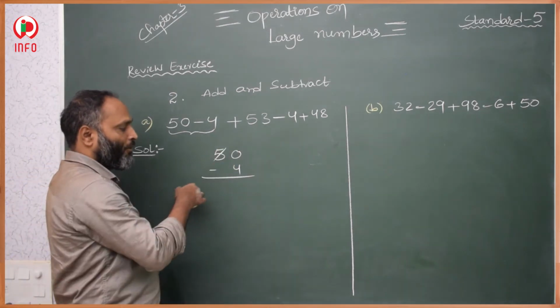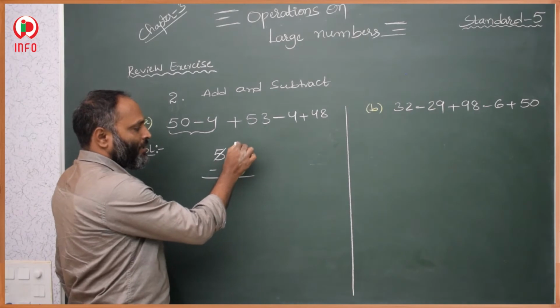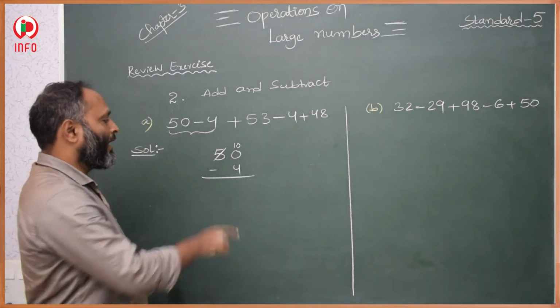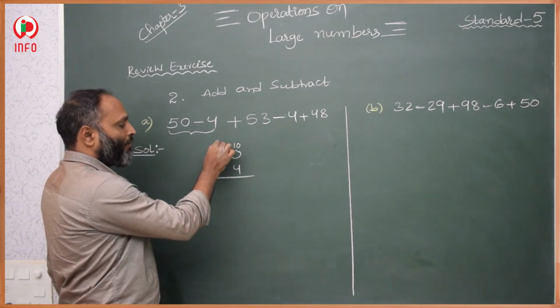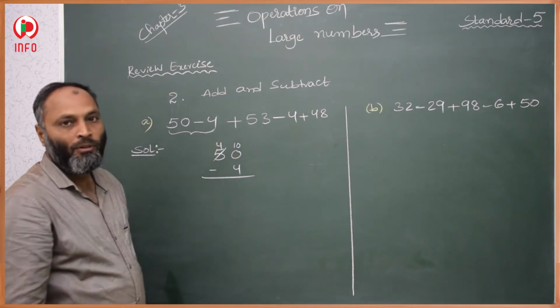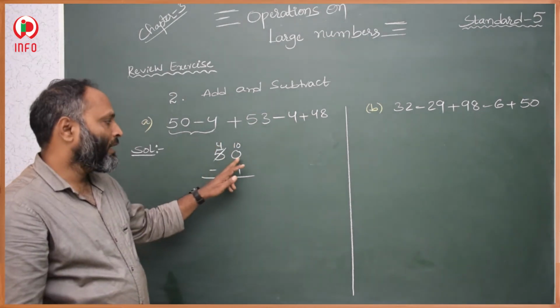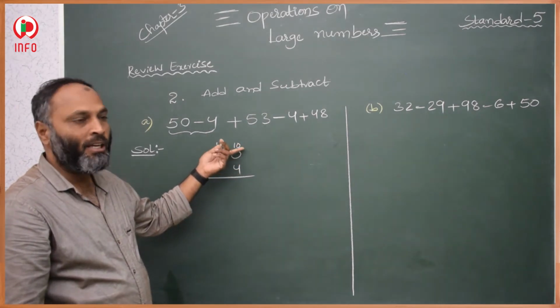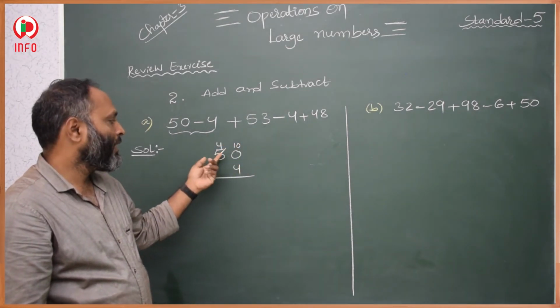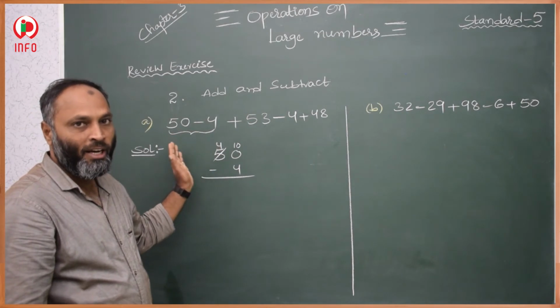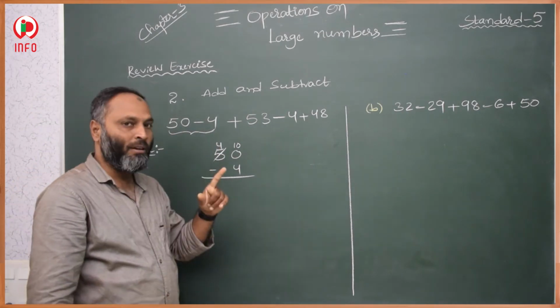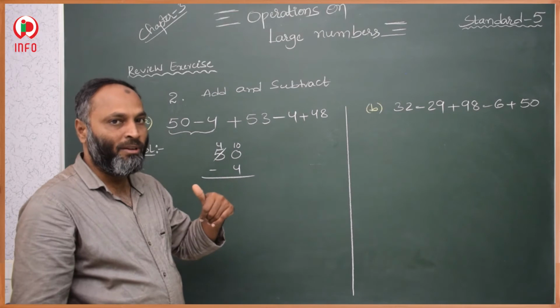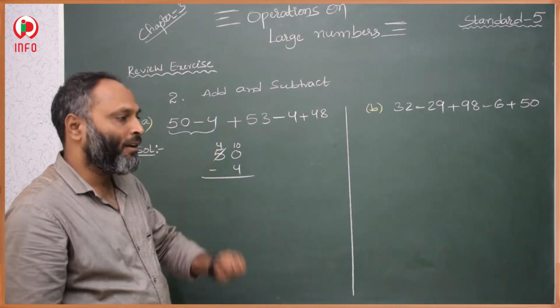From here we take a borrow. Here 0 is there, so it becomes 10. And here 5 is there, it will decrease by 1 and become 4, and the 0 will increase by 10. So 5 decreases by 1, then we get 4.